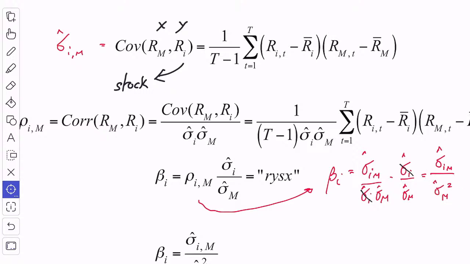So it's giving you a measure of trend, or for every unit of volatility in the market, it's giving you a measure of risk. Okay?